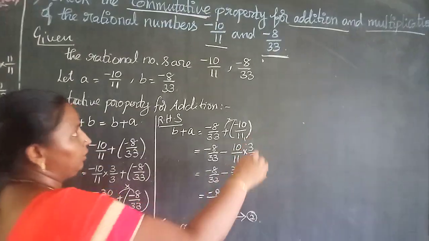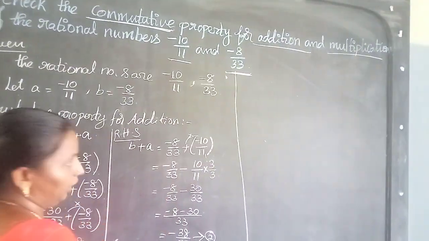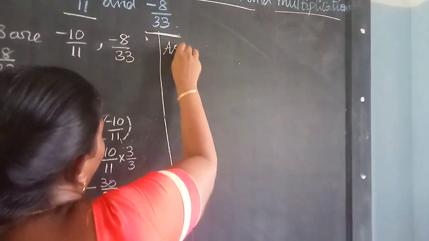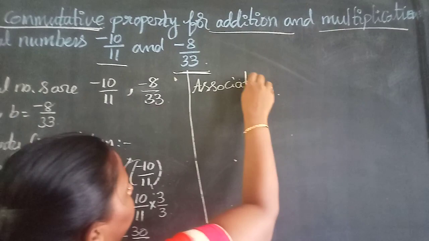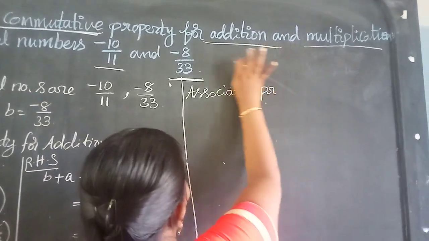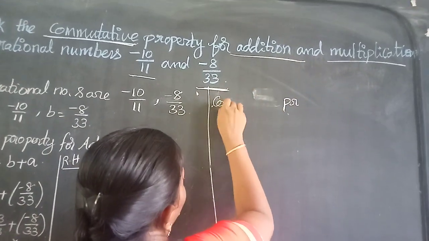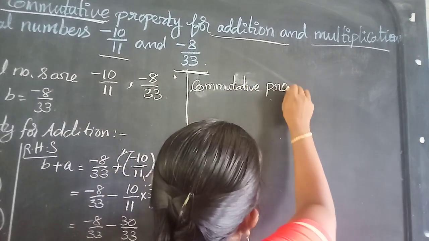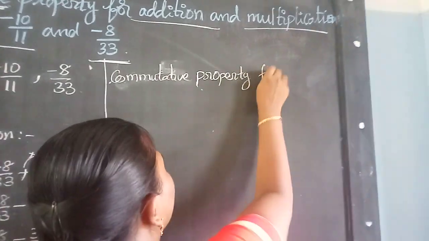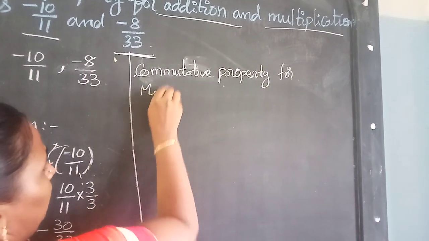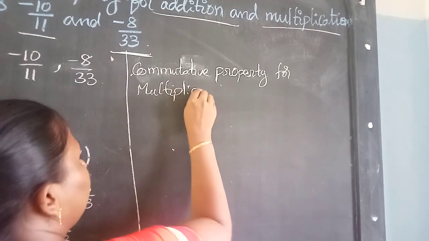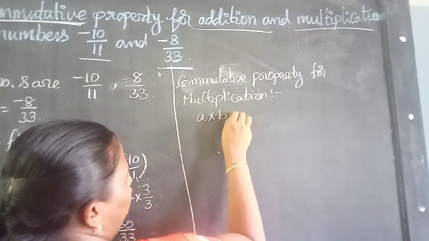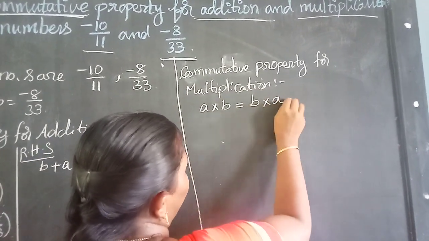So next, our sum is over? No. We verified only for addition. We are going to verify for multiplication. Sorry, commutative, no. Commutative property for multiplication. What is commutative property for multiplication? That is A into B equal to B into A.